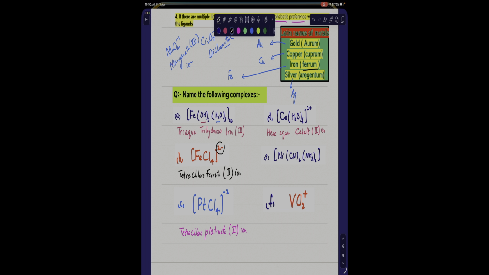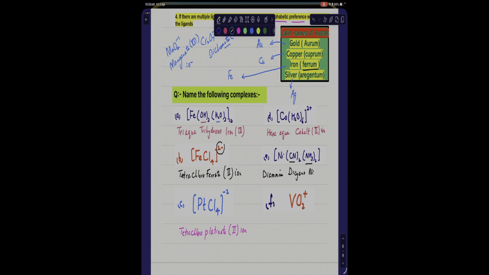Please look at the fifth one. It has a cyanide ligand and an NH3 ligand. NH3 is called ammine, and CN- is called cyano. So first of all, we have to name ammine. There are 2 of them, so we have to say diammine and dicyano, and we have to use nickel because it's a neutral complex.